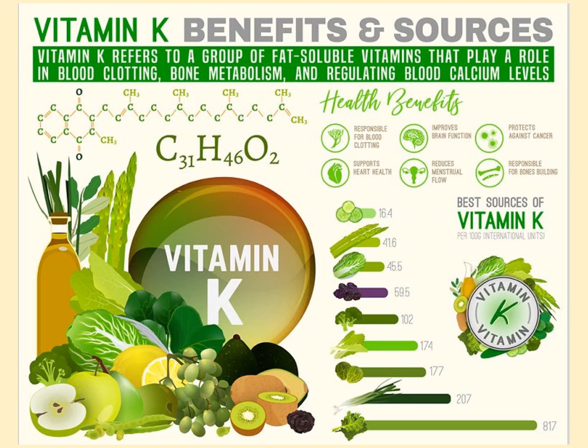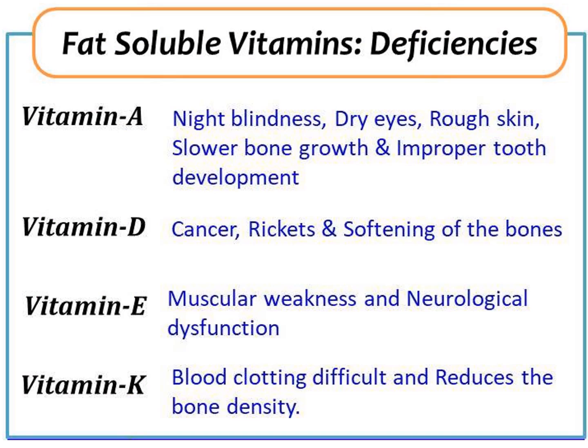So here's our fun little thing about vitamin K, just showing the structure, health benefits, and the different sources. So if you notice, lots of green, leafy green, cruciferous vegetables, okay? So here's just a good summary of those fat-soluble deficiencies, okay?